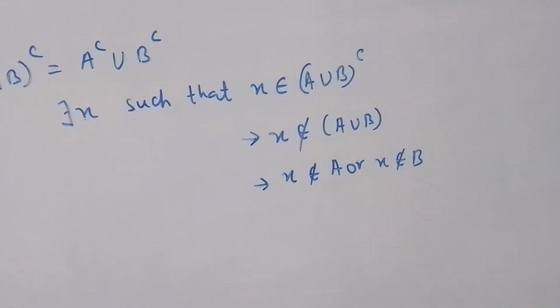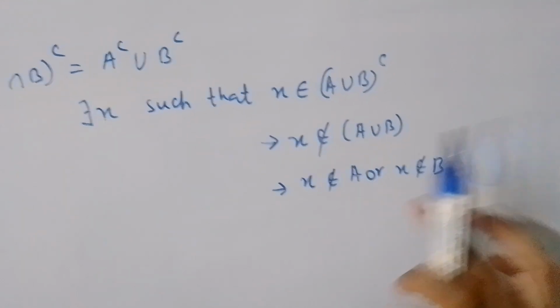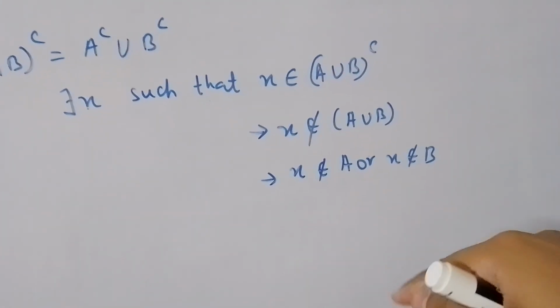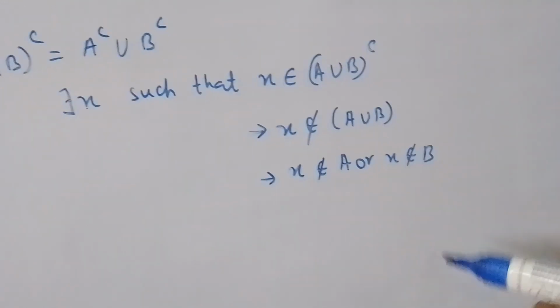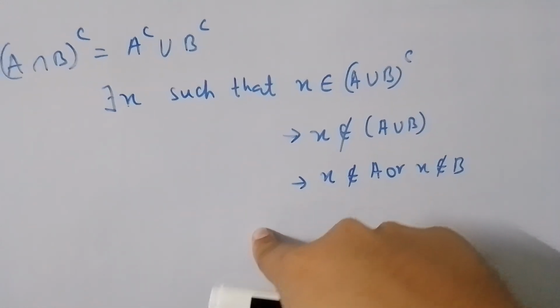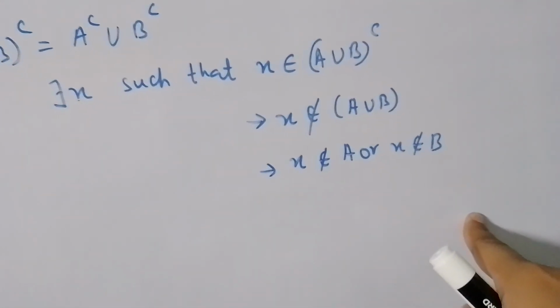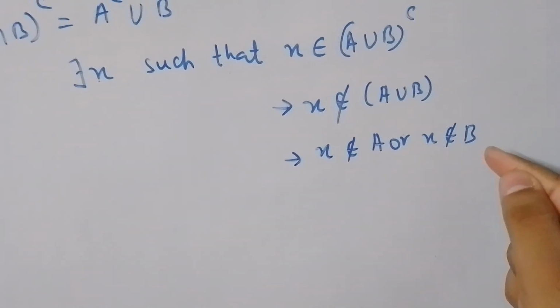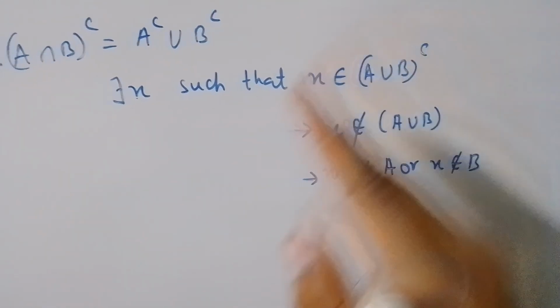Why? Because A and B are two sets having a common intersection, so it's an OR case, because X can either not belong to A or not belong to B. It can belong to one of the sets, but the other will not.